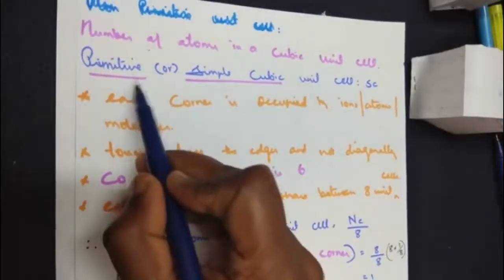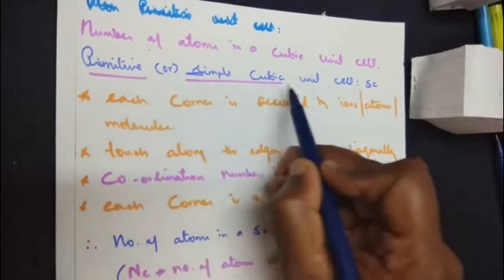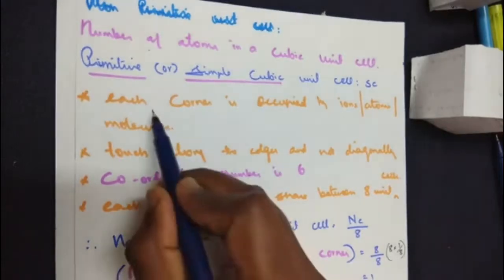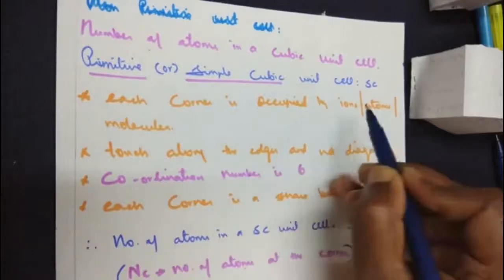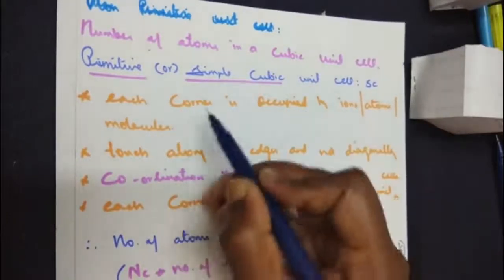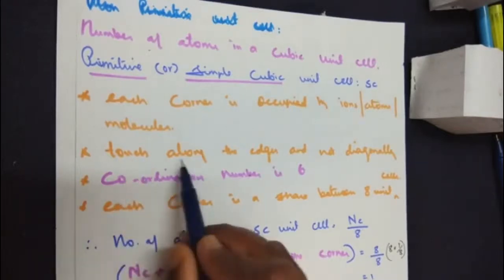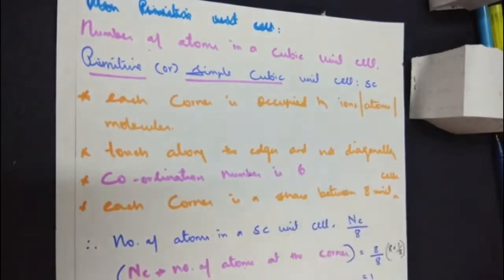So the first category, primitive or a simple cubic unit cell. What's the meaning of it? 8 corners will be there. Each corner will have 1 atom in it. So each corner is occupied by ions or atoms or molecules. You know it very well. Point number 2, they touch along the edges and not diagonally.